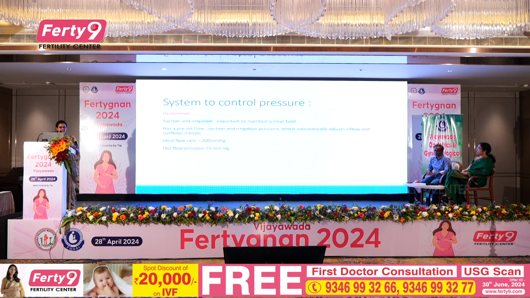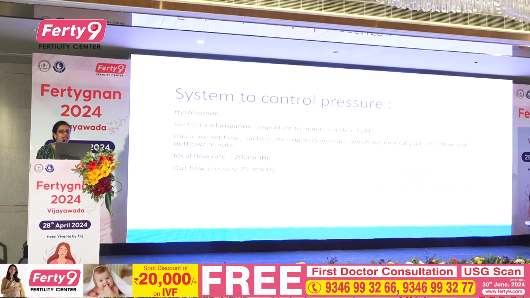And it has a preset flow rate, suction and irrigation pressure which automatically adjusts the inflow and outflow of the fluid. A point to mention here is that inflow accounts for how much fluid you have been using and also whatever your anesthetist has been using. Suppose you have used around 3 to 4 bottles of normal saline of 500 ml each, it amounts to 2 liters, and your anesthetist has pushed in another 3 liters.